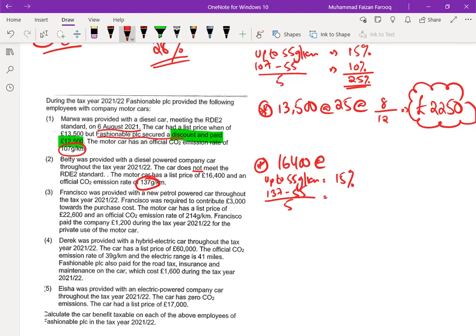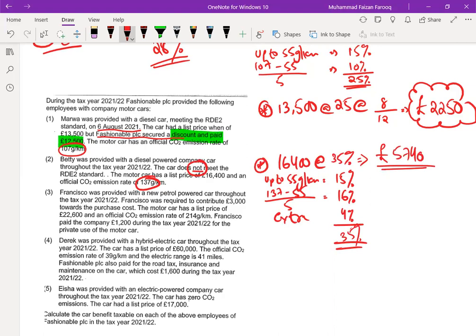Yes. Okay, but this is not the answer, because this car is not meeting the standards. So extra 4%. How much? 35%. 35%, and throughout, and there is no contribution towards use. So the answer is 5740. Any questions, please? No questions. Now, the next question.